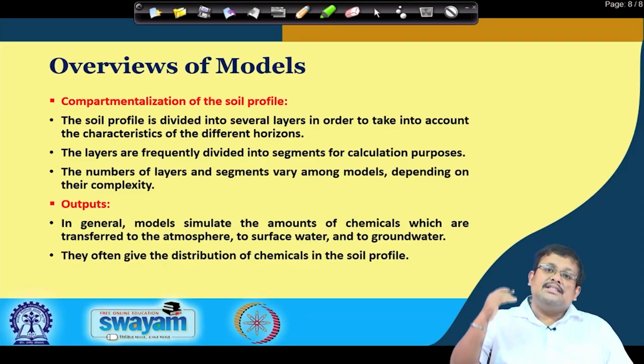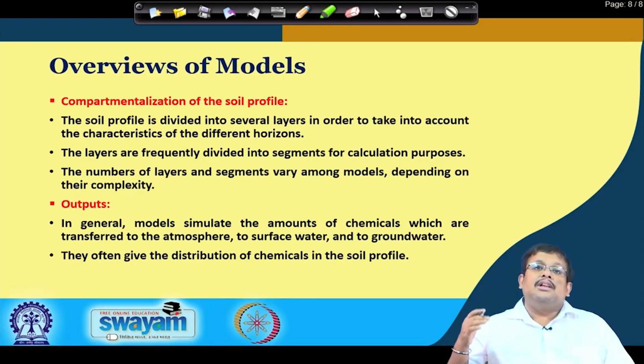You know that soil is differentiated into different horizons. In this fate transport model, the layers are frequently divided into segments for calculation purposes. We will see one example, and the number of layers and segments vary among the models depending on their complexity.